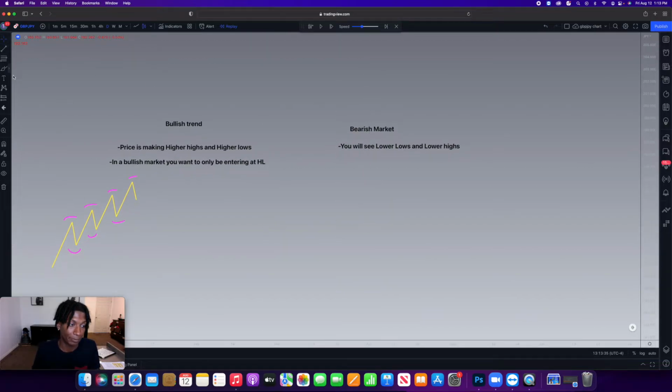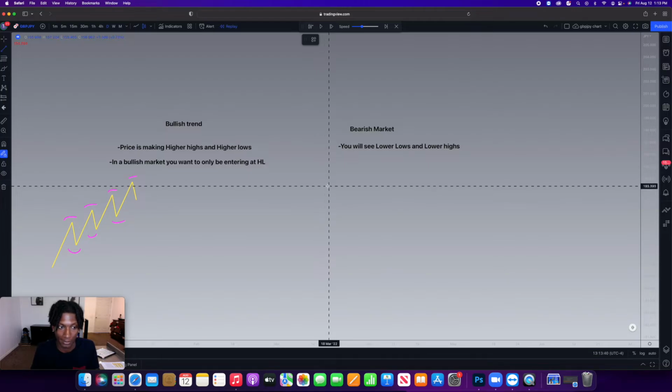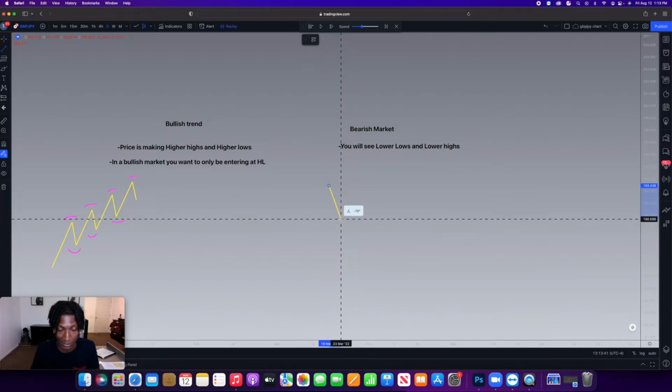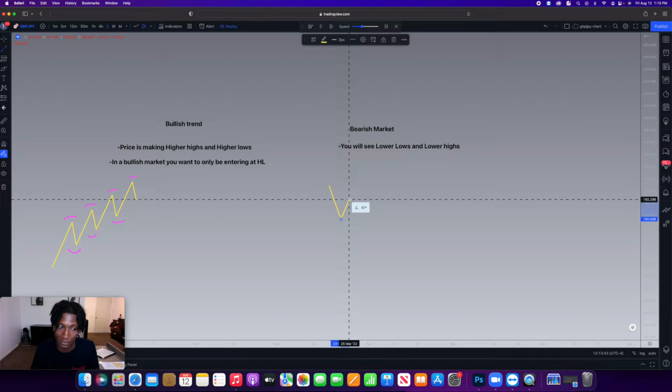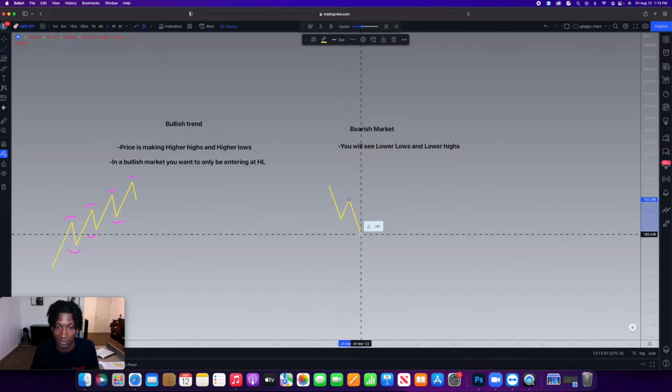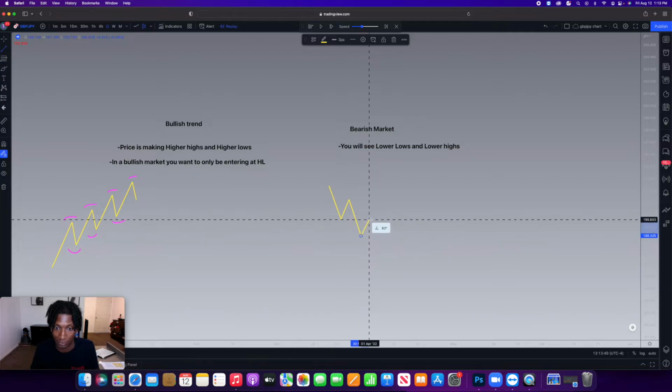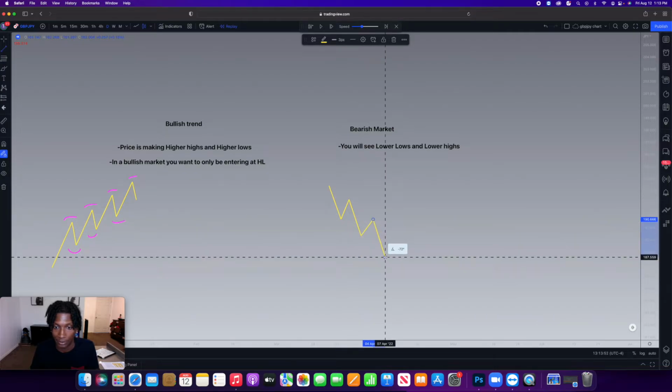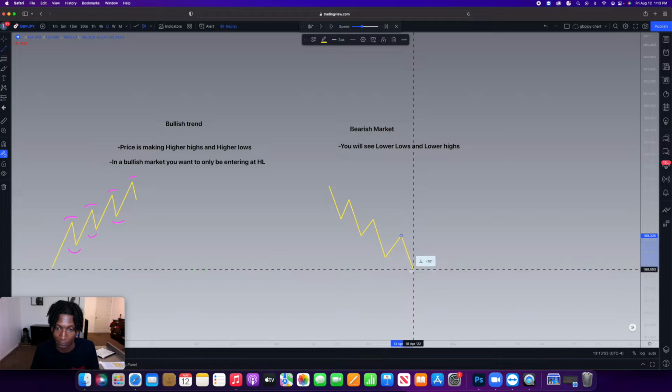And this type of bearish market will simply look like this, where price is at a resistance, comes down, finds a support, you get a retracement up. Price finds another resistance to bounce its head off, finds a new support, and the trend is continuing.